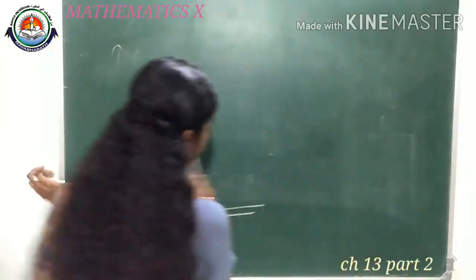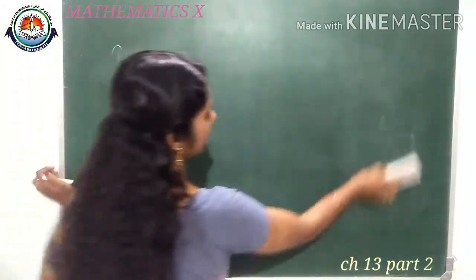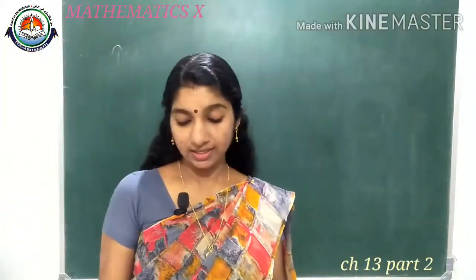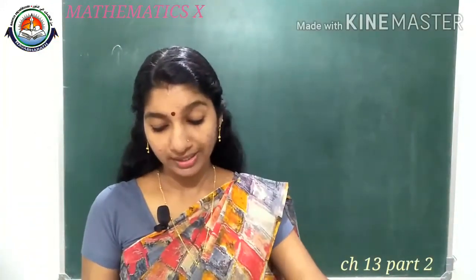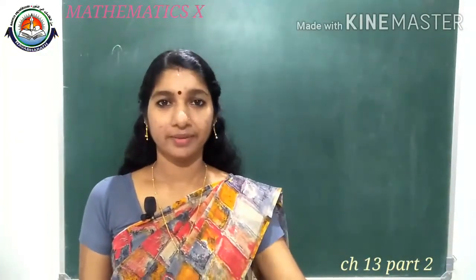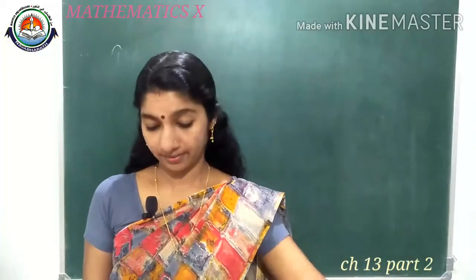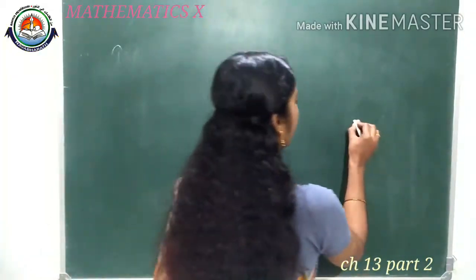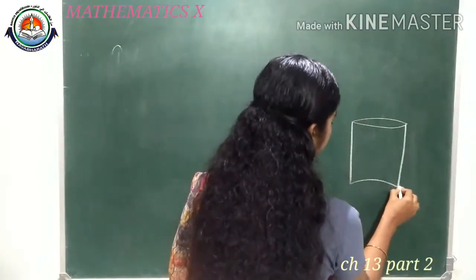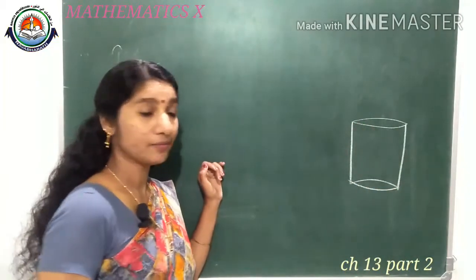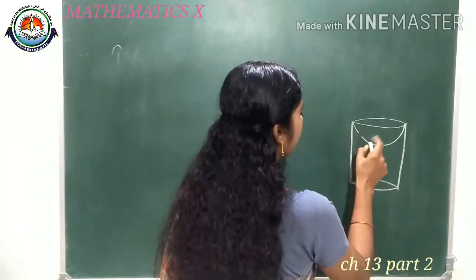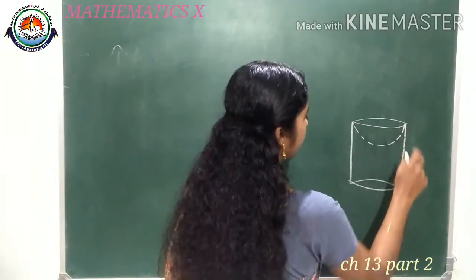Then we have the next problem. A same type of problem is given in our textbook. That is, a wooden article was made by scooping out a hemisphere, the same hemisphere cut from both ends of a cylinder. From one cylinder, from both its ends, one hemispherical depression is made.